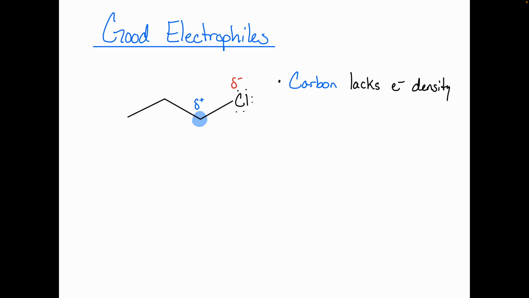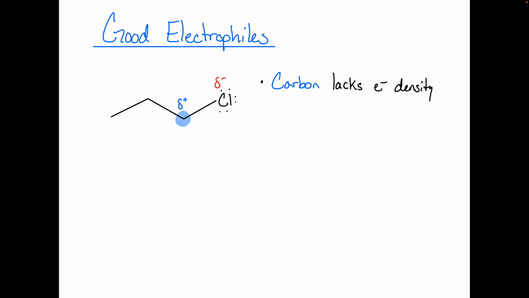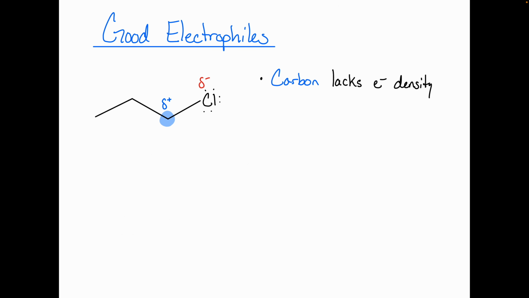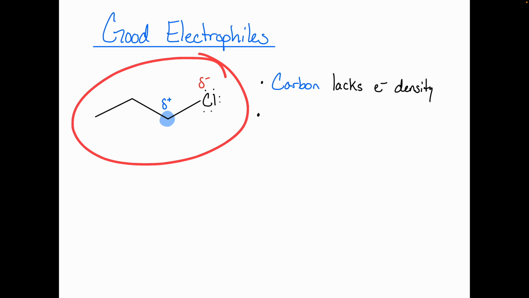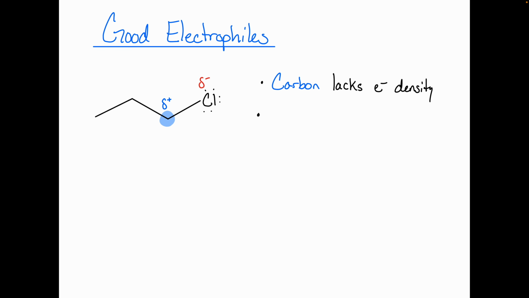We talked a lot about electrophiles previously, and electrophiles, yes, they have to be relatively electron poor, but they also have to be able to accept a pair of electrons. So what is the other feature of an alkyl halide that makes them such good electrophiles? Specifically, what role does that halogen play?